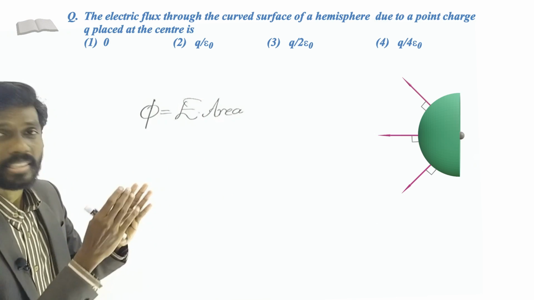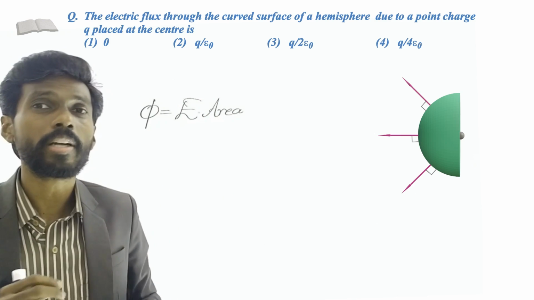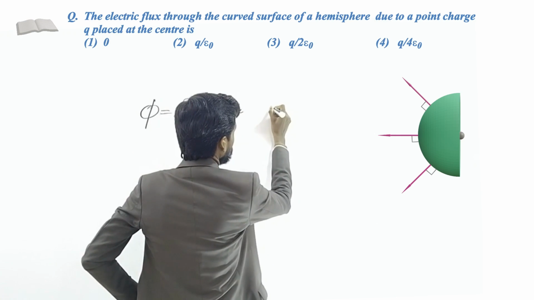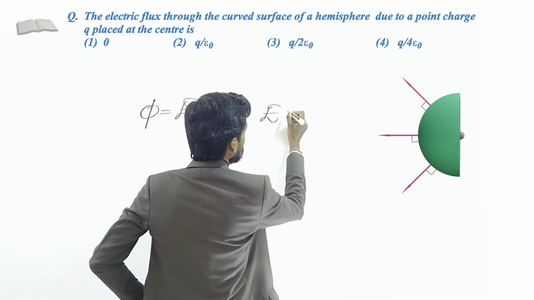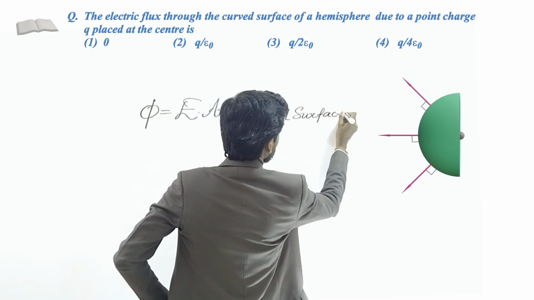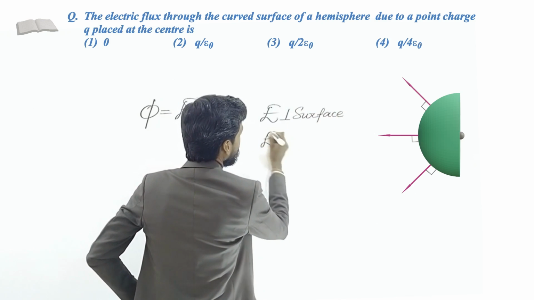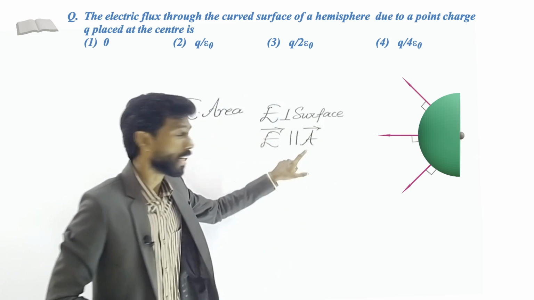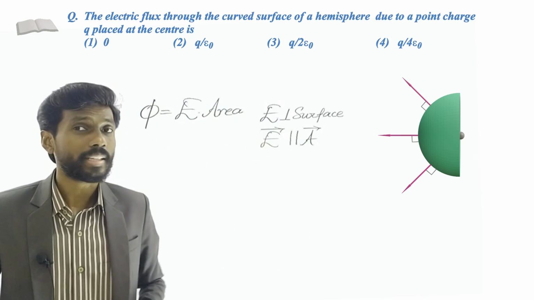This surface is already perpendicular to the electric field lines. Or we can say that this E vector is parallel to the area vector. See, the area vector is parallel to the electric field lines, right?